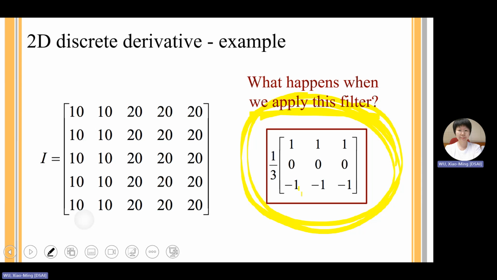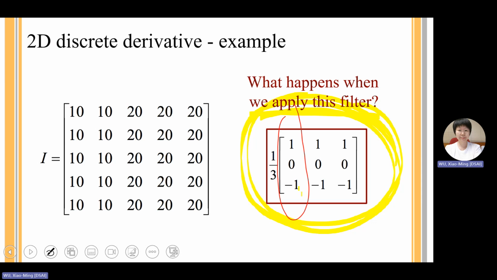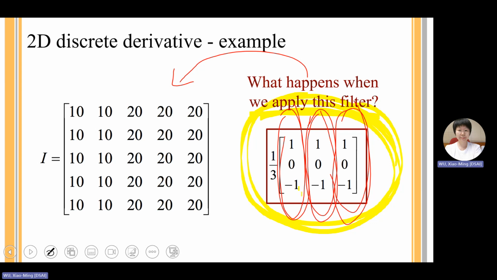This filter tries to capture the changes along the vertical direction, right? So without doing any calculation, can you tell what happens when we apply this filter to this image? What can you observe for this image?